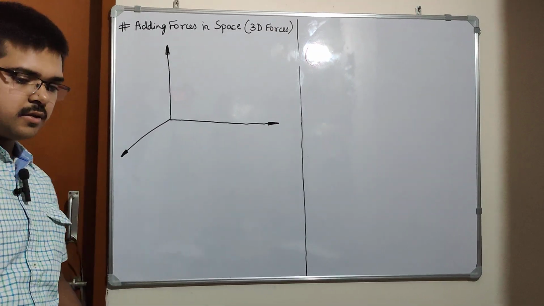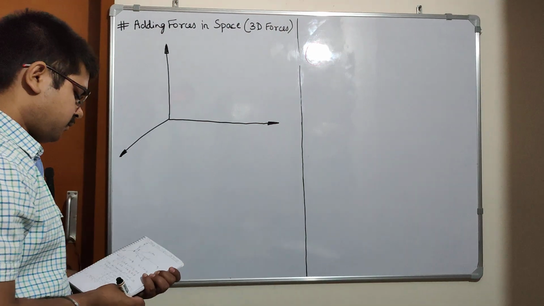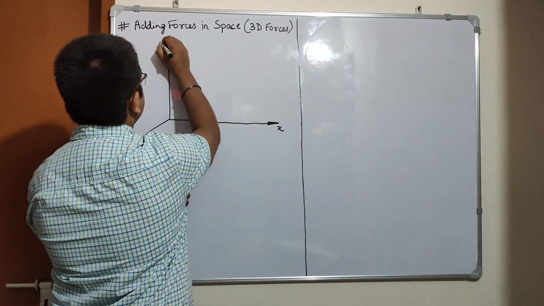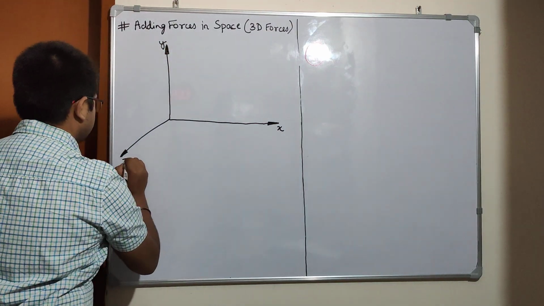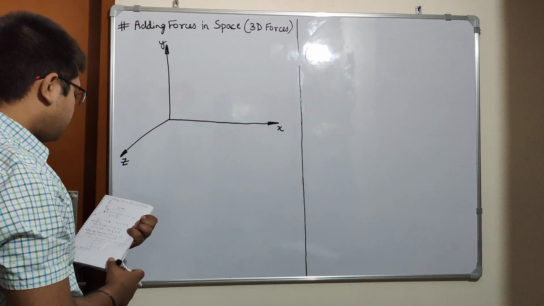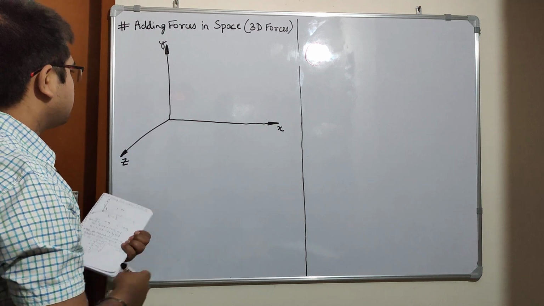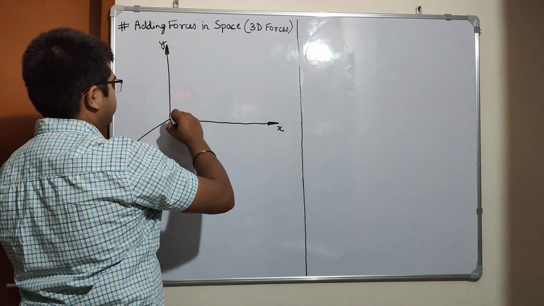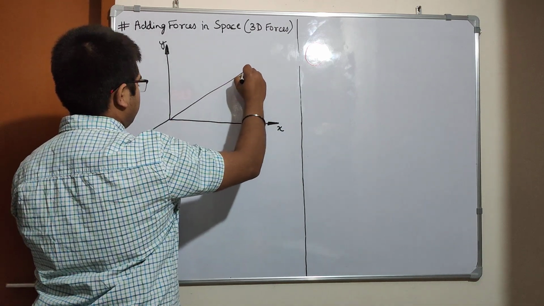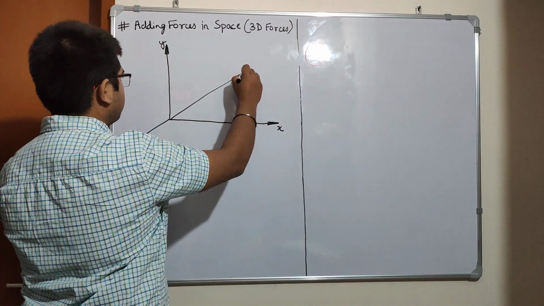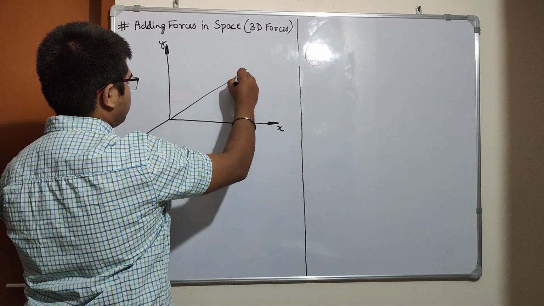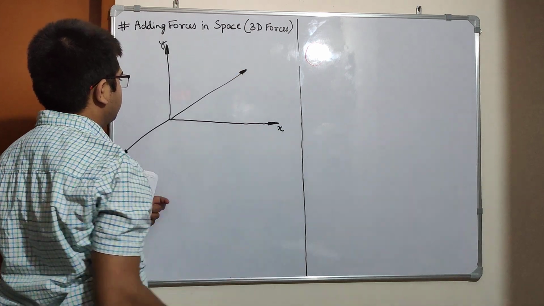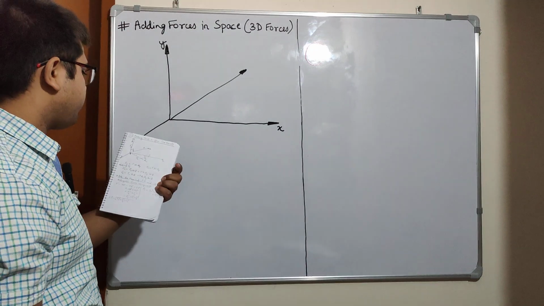So this is our three axes. This is x-axis, this is y-axis, and this is z-axis. Now the force F acts somewhat like this. So this is our force F.